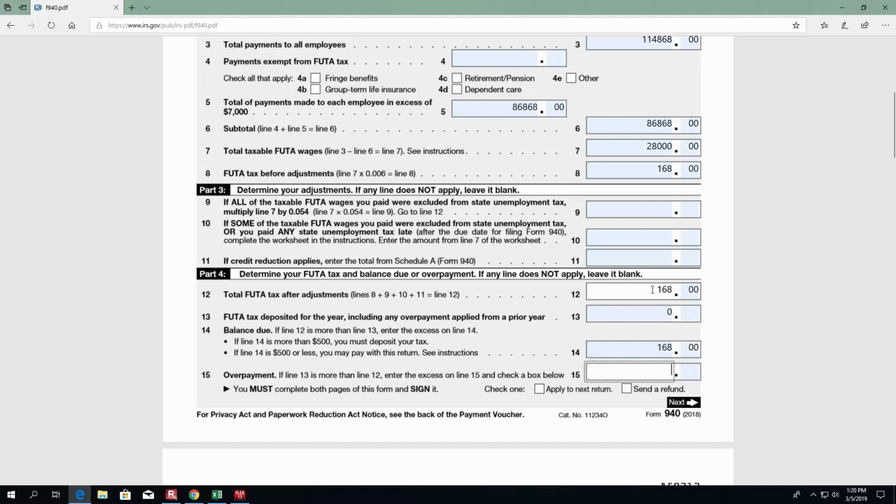So I owe $168, right? And based on the instructions, it's saying if line 14 is $500 or less, you may pay with a return. Well, that describes me, doesn't it? Go ahead.